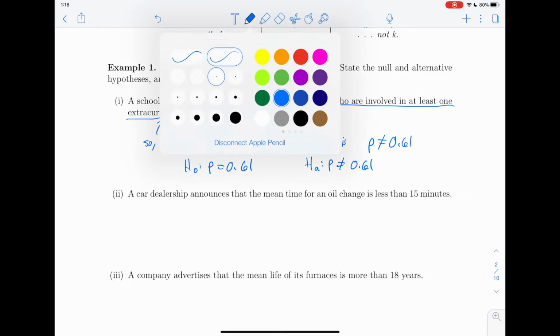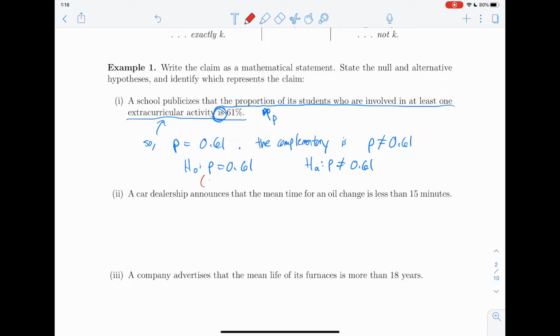So, importantly, this is the claim. This is going to be important to determine which one's the claim, because which one's the claim is going to characterize how we try to mathematize our conclusions as we try to either accept the claim or reject the claim.